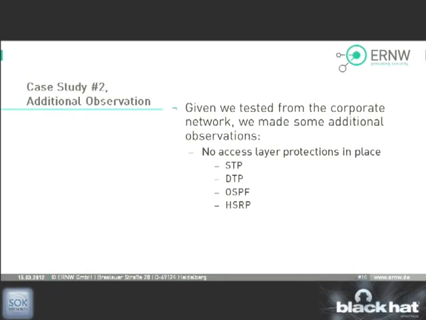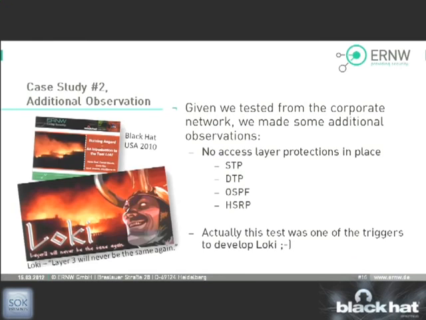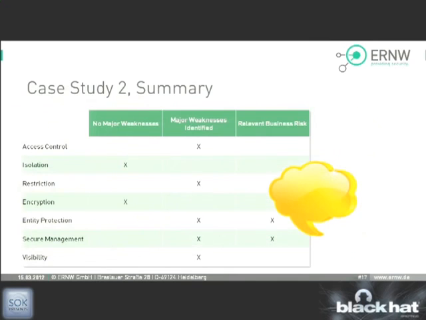So if that had been in scope, we would have easily been able to compromise the network from a network level, which was one of the triggers for developing Loki, one of our tools. So to make a long story short, again, while good encryption was used, compromise of the environment and certain assets was possible due to a lack of entity protection and lack of secure management.